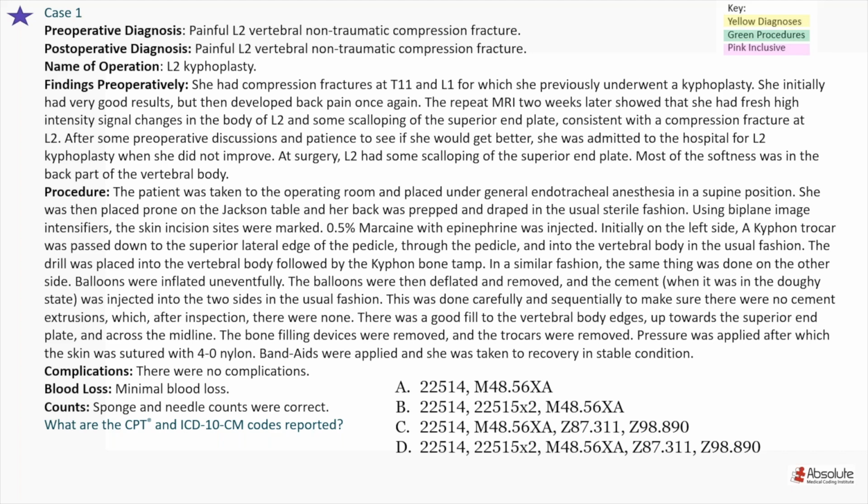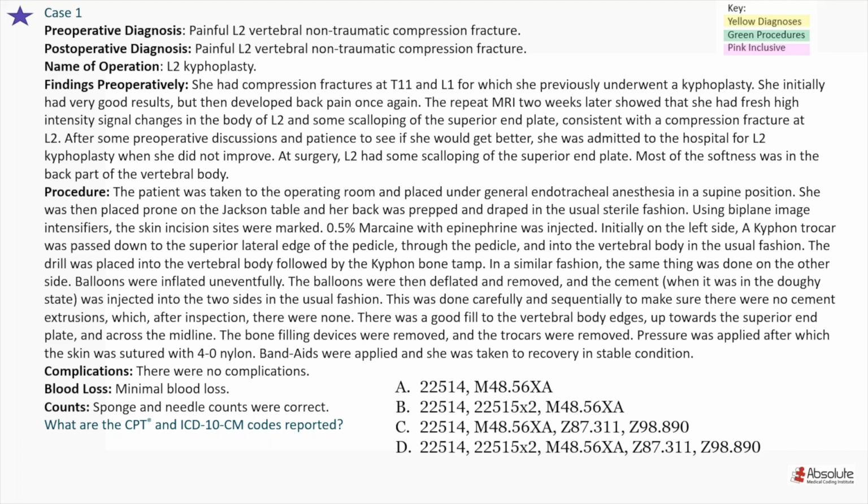Post-operative diagnosis, painful L2 vertebral non-traumatic compression fracture. Name of operation, L2 kyphoplasty. Findings preoperatively: she had compression fractures at T11 and L1, for which she previously underwent kyphoplasty.